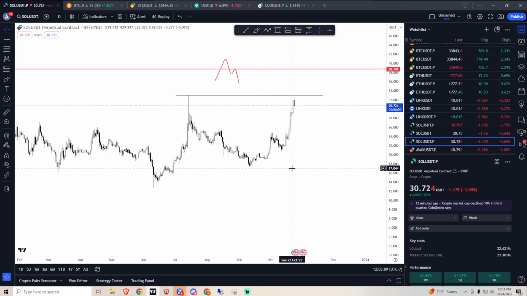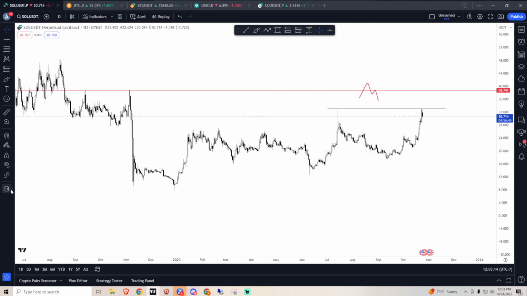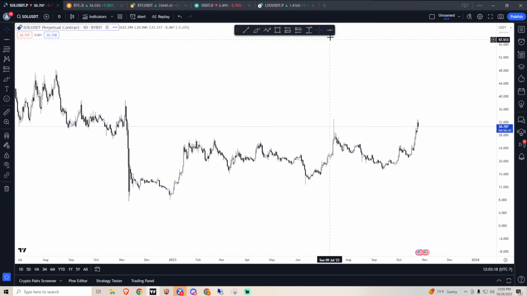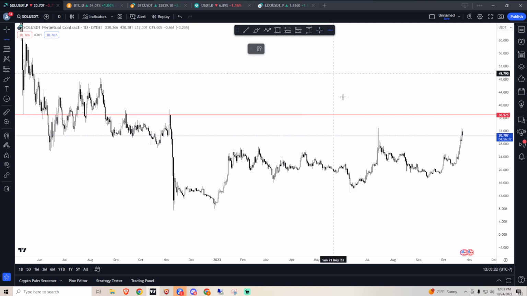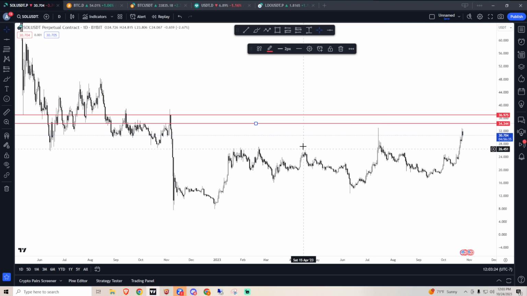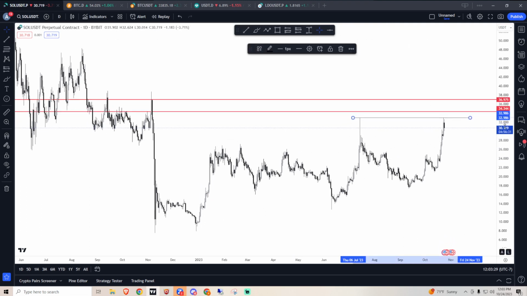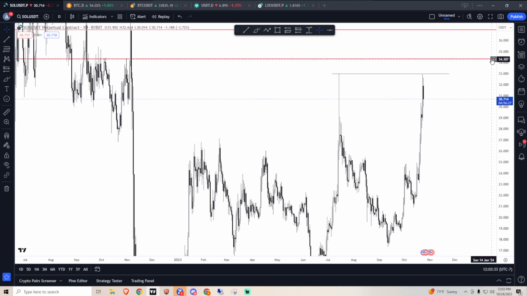All right, let's start with a fresh chart. Resistances, we'll go ahead and plot those. Here is the high. Did we clear it?